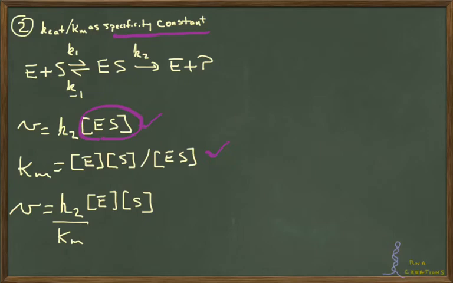So that's a really important equation. And it says that the velocity of the reaction is equal to k2 over Km, or you could call it kcat over Km. I think I'm going to leave it as k2 for now, but it's kcat over Km times the concentration of free enzyme times the concentration of free substrate.